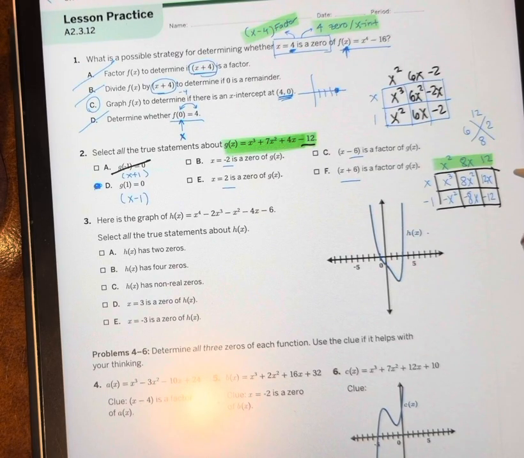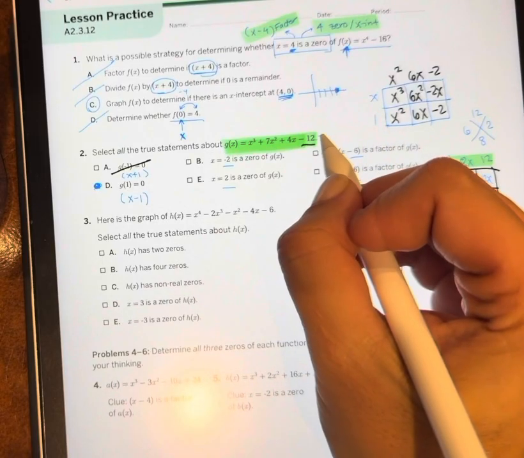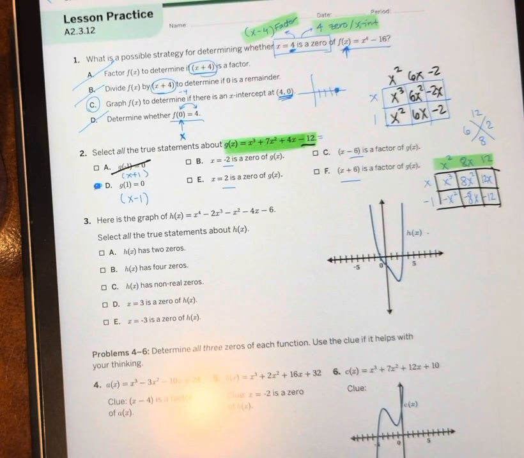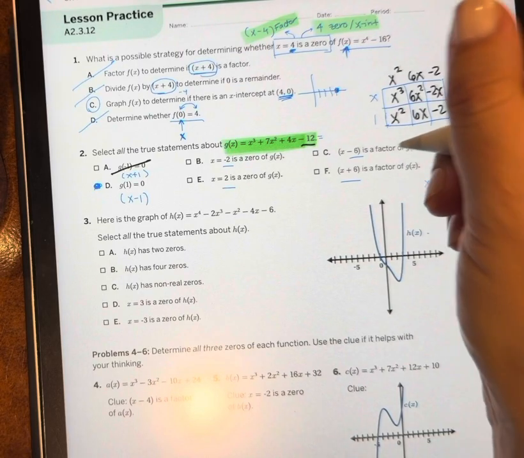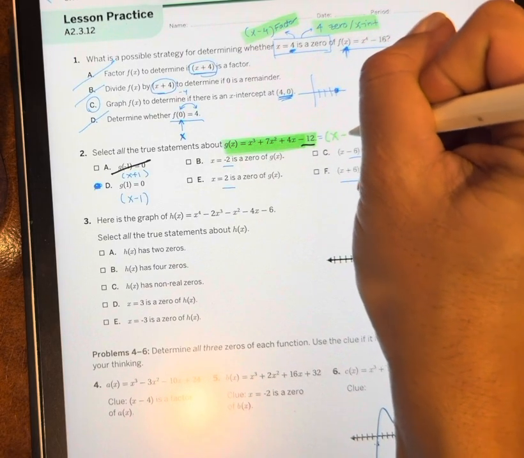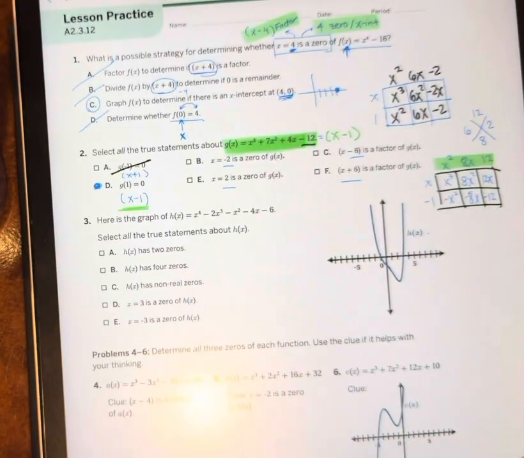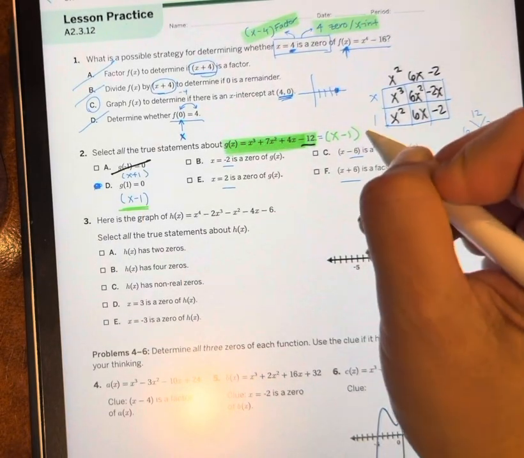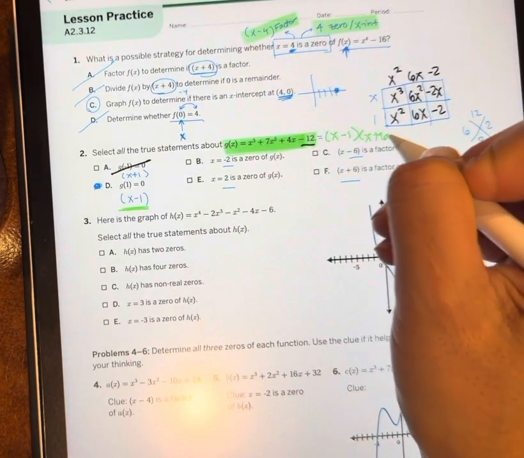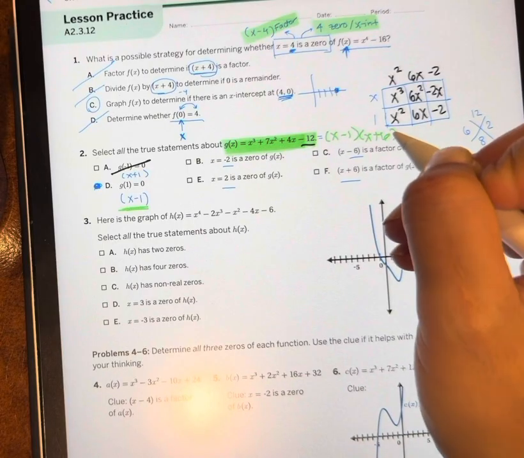So that means that this guy actually factors fully into x minus 1, that's this one that we found to be true, as well as x plus 6 and x minus 2.